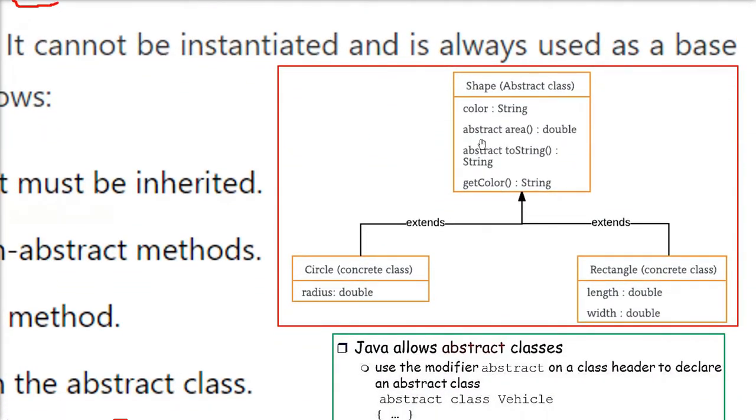So here you see abstract, this is the keyword. This Shape class is an abstract class, and inside that we have two abstract functions, which are area and toString. This abstract class should have at least one abstract function.